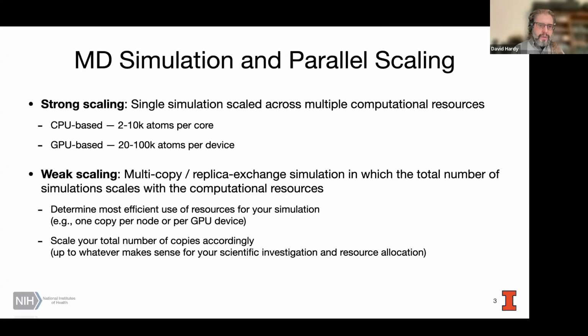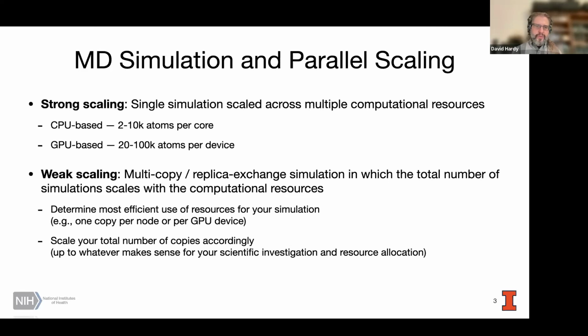And if we're looking at a GPU-based resource, this might be 20,000 to 100,000 atoms per device. That gives you an idea of how you might want to map the system that you're simulating to whatever your available hardware resources are.